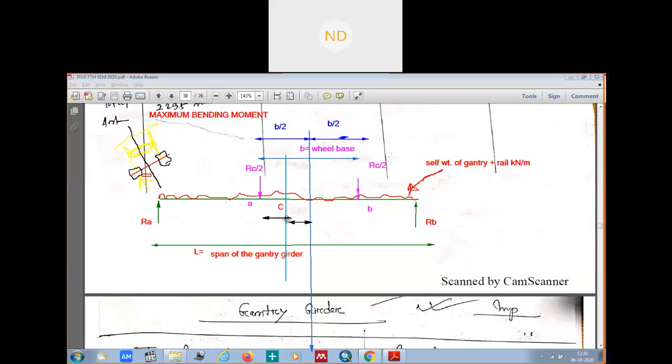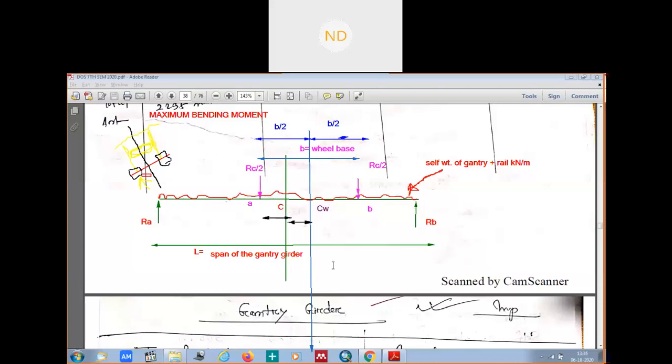That means if I call the center of the wheel C dash, the distance from the center of the gantry girder to the nearest wheel and the distance from the center of the gantry girder to the center of the wheel is the same.